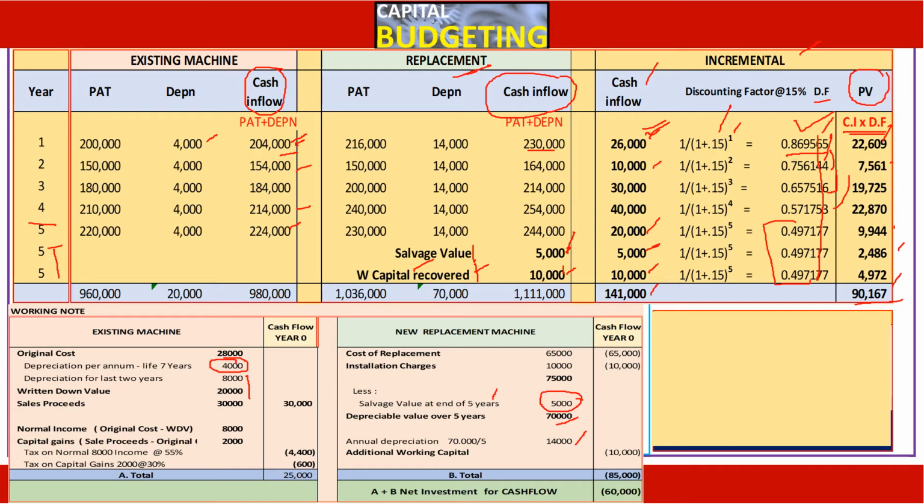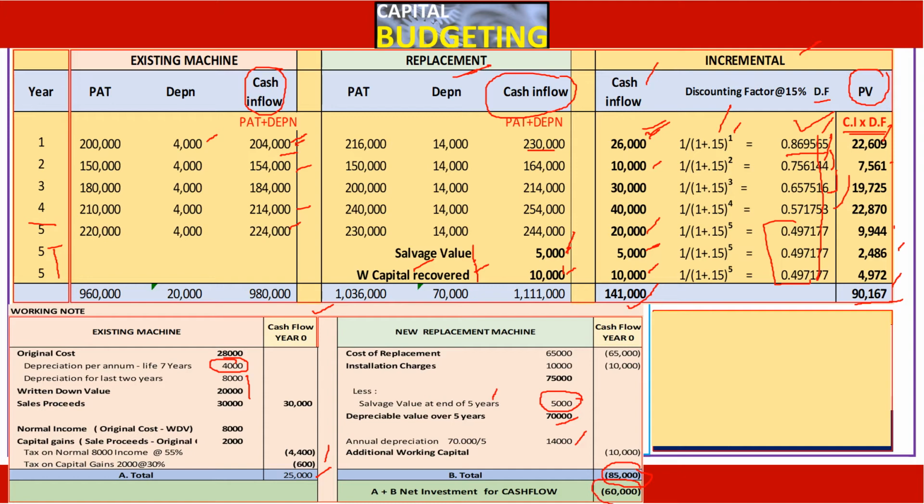Now with what do we compare this? We found here when we took a decision to invest 85,000, that is 65 plus 10 plus 10, 85, and we recovered 25, that is 30 minus tax paid.